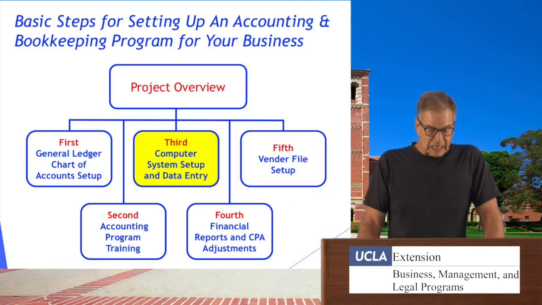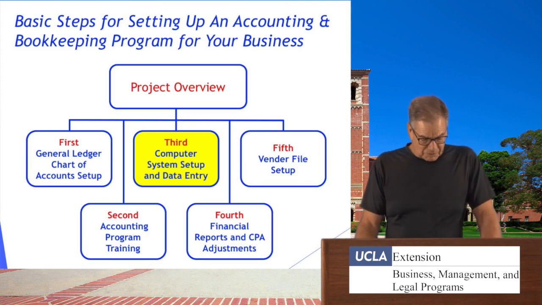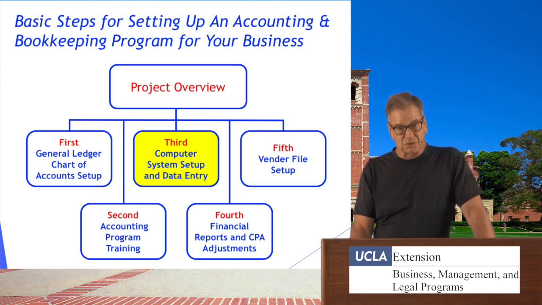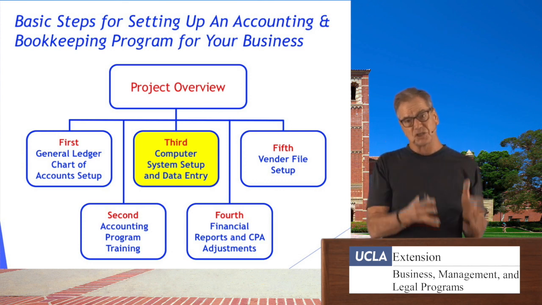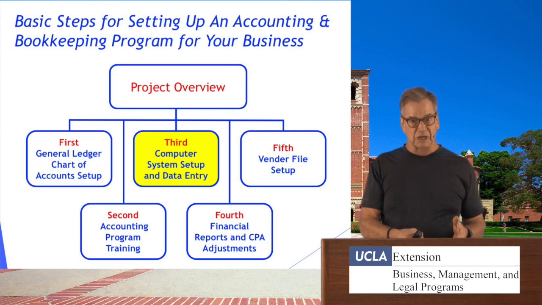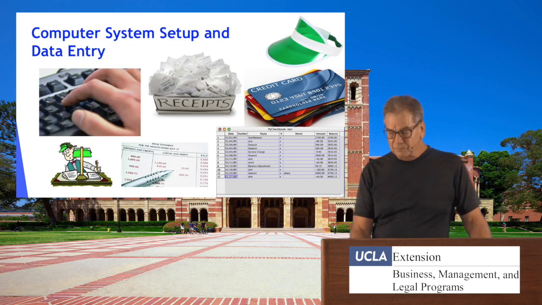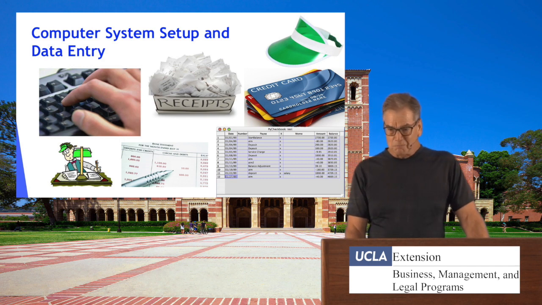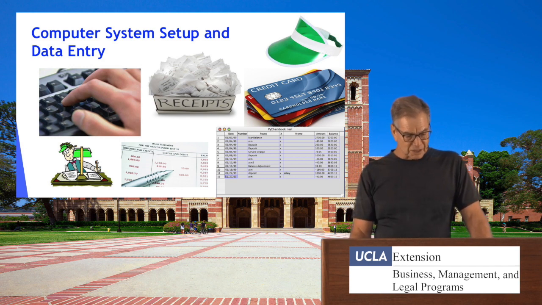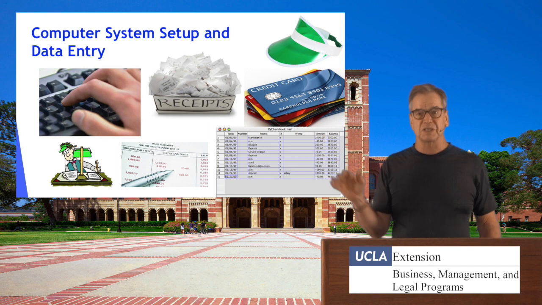The third step in setting up and managing an accounting system is your computer system setup and data entry. So now that you've got the general ledger set up, now that you've gone through a training program, now it's this very detailed, painstaking process of entering all these receipts and checks into the system.